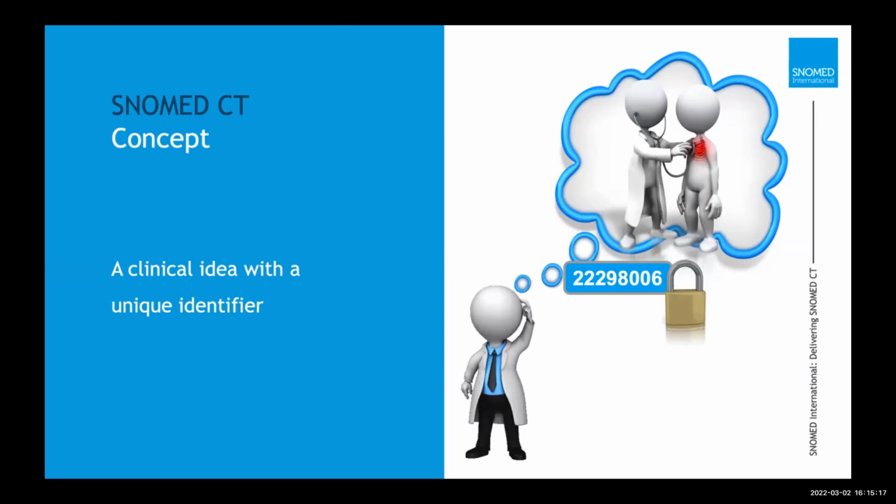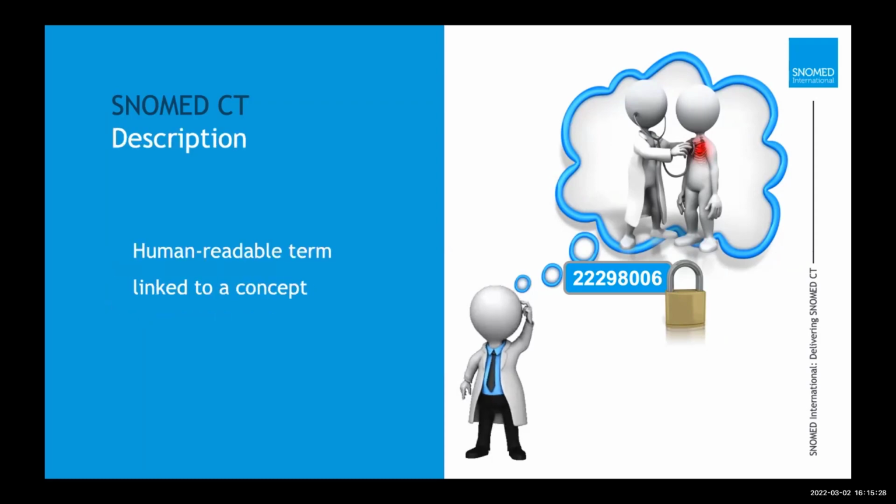In SNOMED, myocardial infarction is represented by a code that is 22298-006. But each concept then has two or more descriptions, which are the human readable terms associated with a clinical idea. There is always a fully specified name.